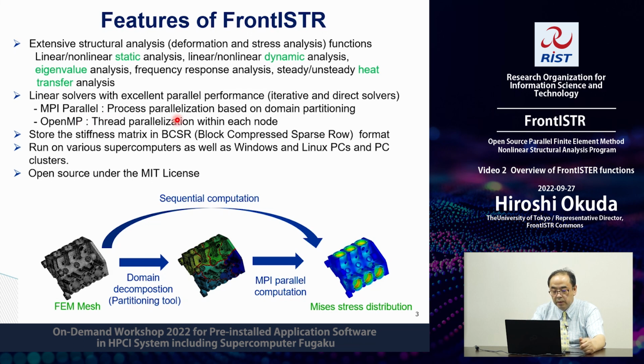And we have considered two levels of parallelization. The first one is MPI parallelization, which is based on domain decomposition. We decompose a domain into subdomains, and each subdomain is treated as an independent MPI process. They run simultaneously. Of course, we need to communicate during the computation, but by domain decomposition, we can run the parallel analysis.